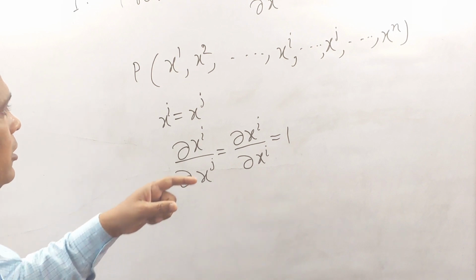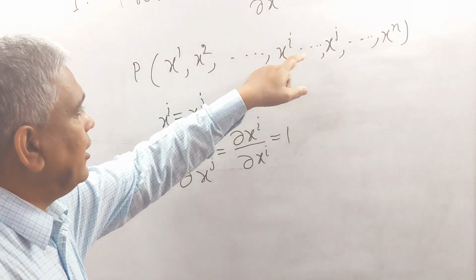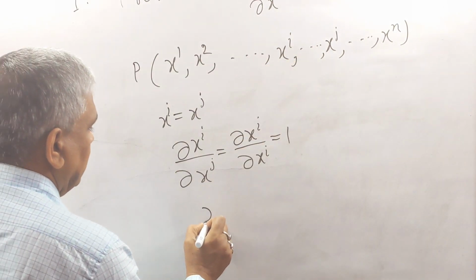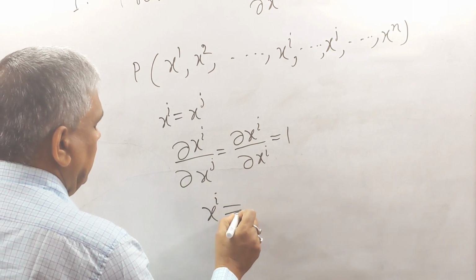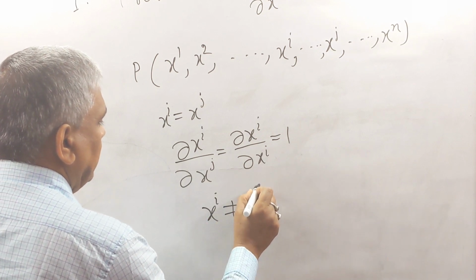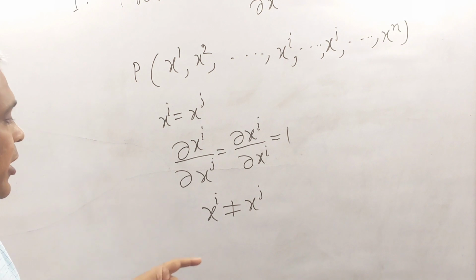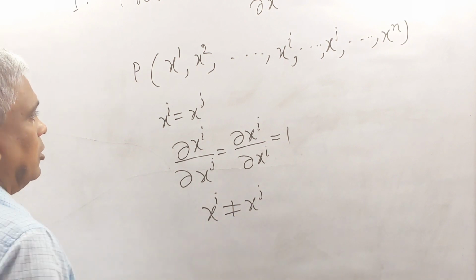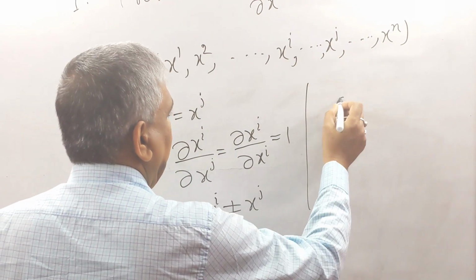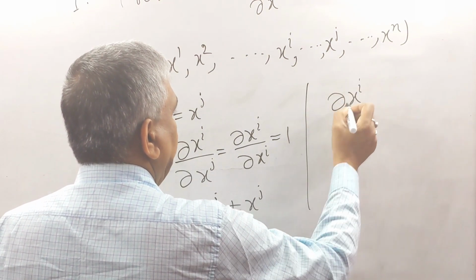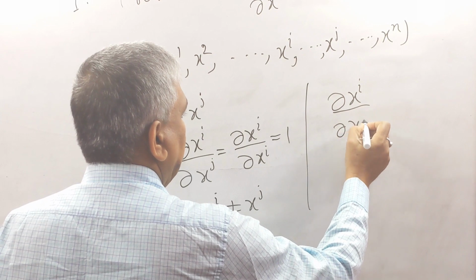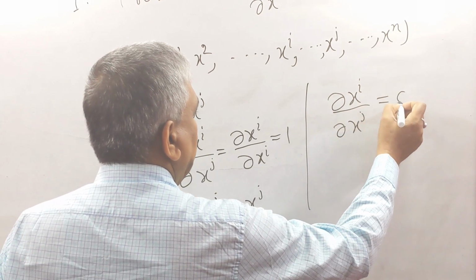Again, since xi and xj are not equal and they are independent coordinates, del xi by del xj equals 0.